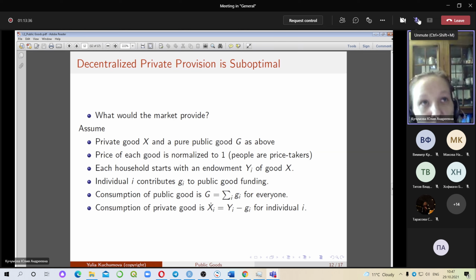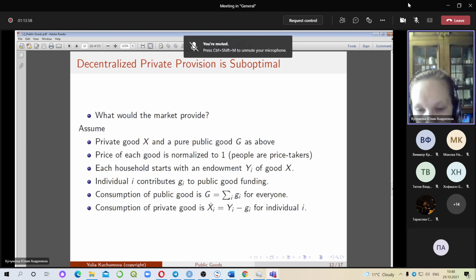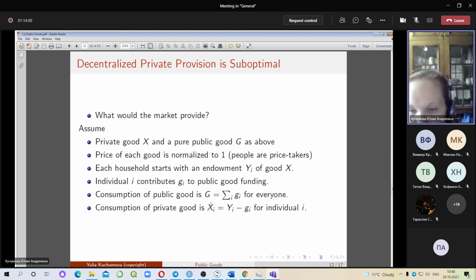Think about the situation as a one period model, right? It's not like you go to the store and buy the public good, right? So if you buy this public good, then everyone else can consume it. This is not what one would do.